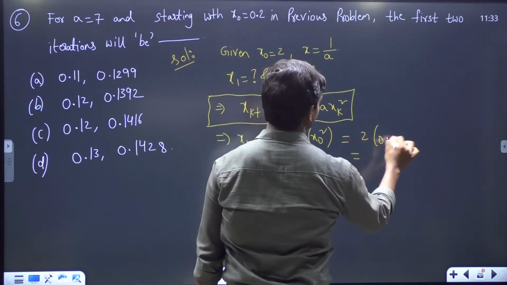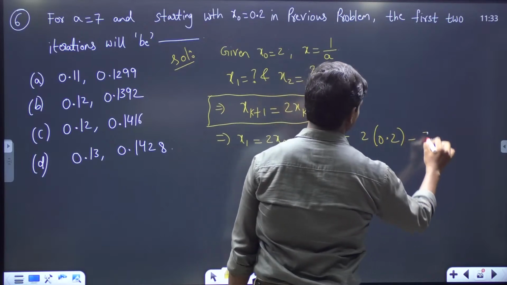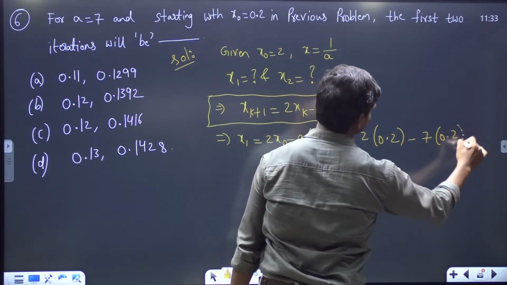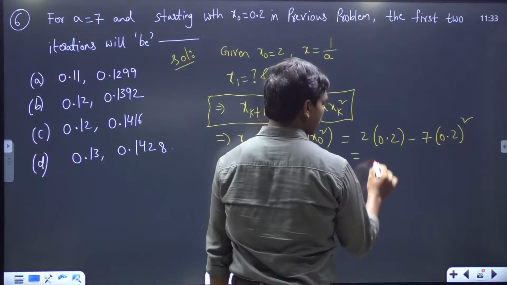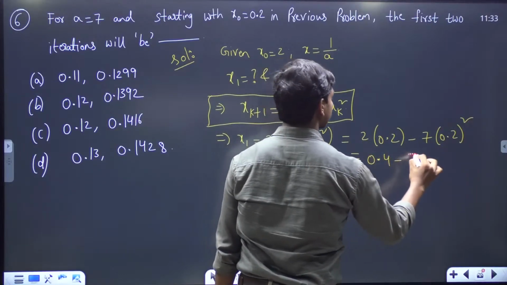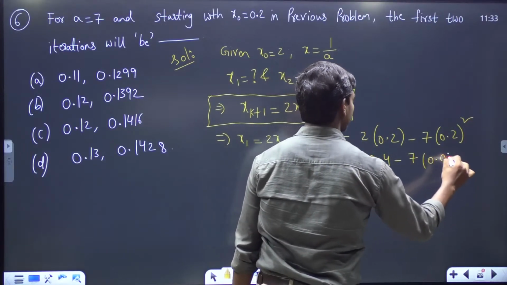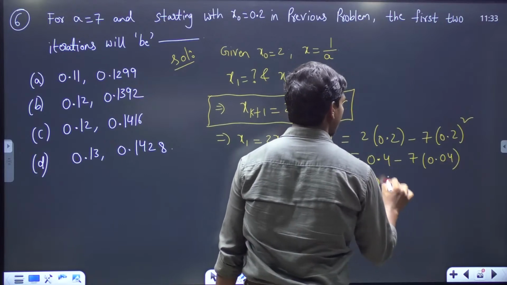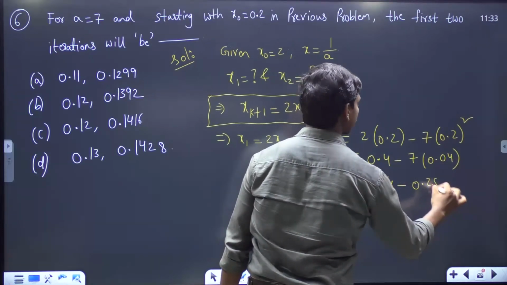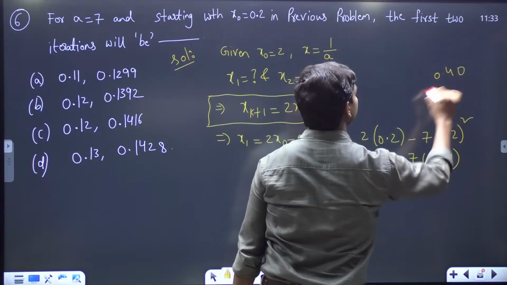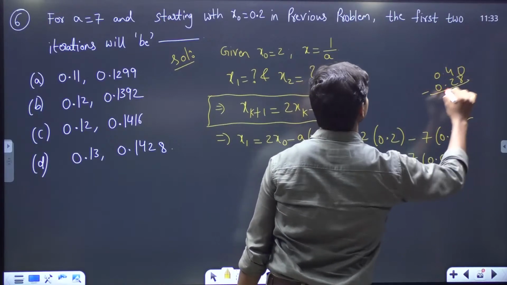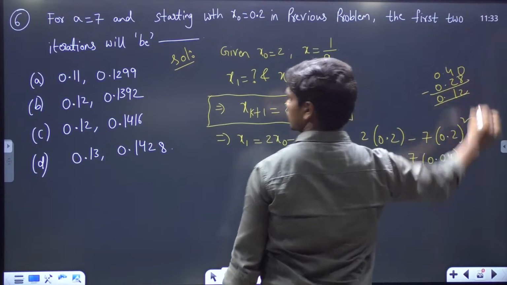Two into 0.2 minus 7 into 0.2 whole square. 2 into 0.2 is 0.4 minus 7 into 0.04. So 0.4 minus 0.28 will give you 0.12.